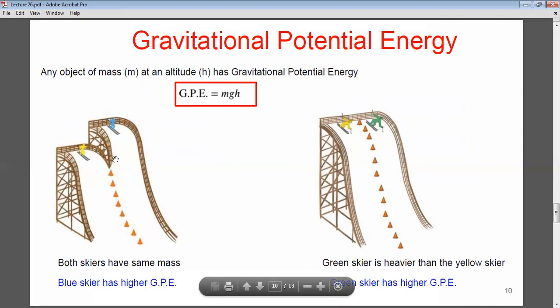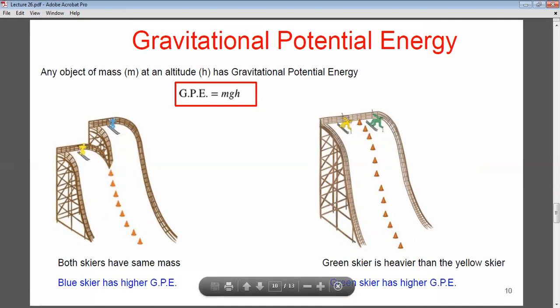So both skiers have the same mass, but the blue skier, as we see, is higher than the yellow skier. Then the GPE of the blue guy is higher than the GPE of the yellow guy. So gravitational potential energy, we refer to it by GPE. Now, in the other example, the yellow and the green are at the same height, but the green one is heavier.